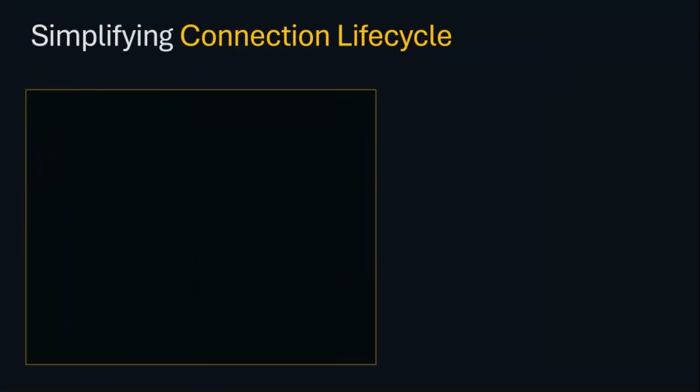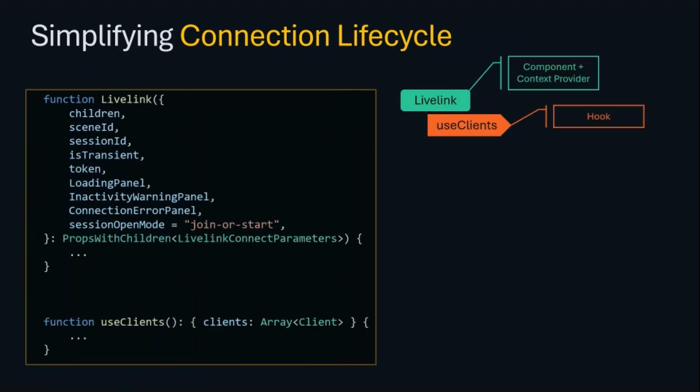First, we started by simplifying the connection lifecycle, because with the old way of doing it, as you saw, everything was manual, the state management, etc. So what we've built is just a very simple LiveLink component, which acts as well as a context provider, and which handles all that management for you.